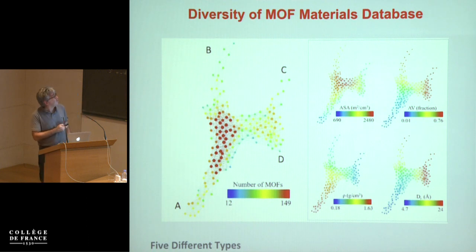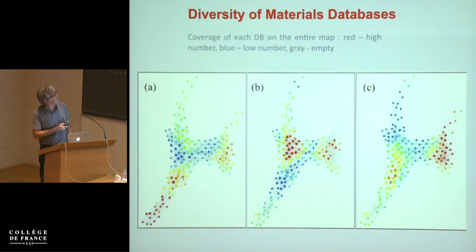But what we can do now is compare the diversity of the different databases. So here is the experimental database. This is a database of one group, and this is a database of the other group. And the gray areas are parts that are not present.